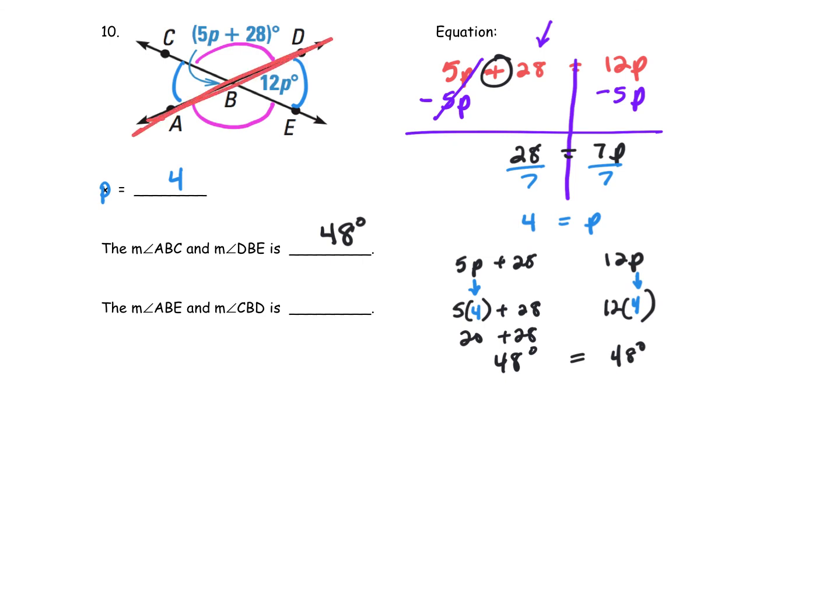So we know that this angle is 48 degrees. So we're going to take 180 degrees minus 48 degrees. Again, be careful when you're borrowing if you're not going to use your calculator. And we should get 132 degrees.